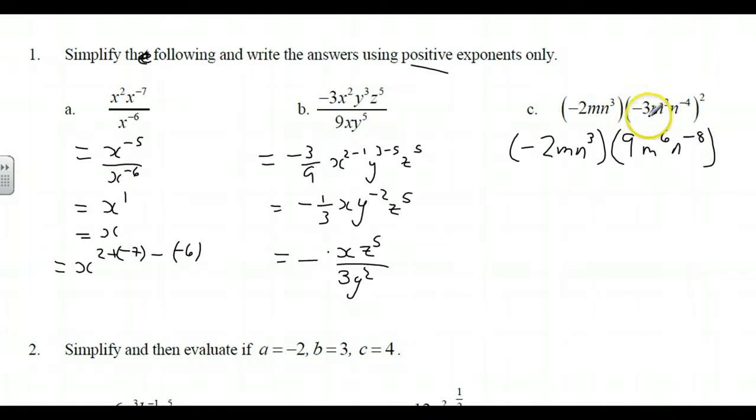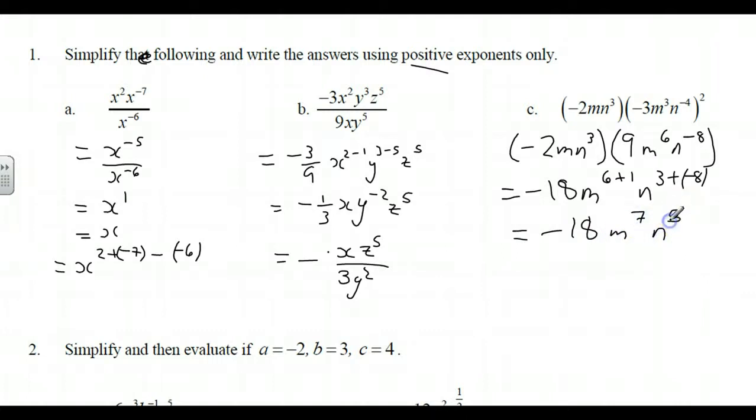You think of it as 3 squared. We're squaring the negative. So in this case, it's really negative 3 times negative 3. That'll give us a positive. This will give us negative 18 for a number, m to the 7th. So 6 plus 1. N to the 3 plus negative 8. So negative 18m to the 7th, n to the 5th.